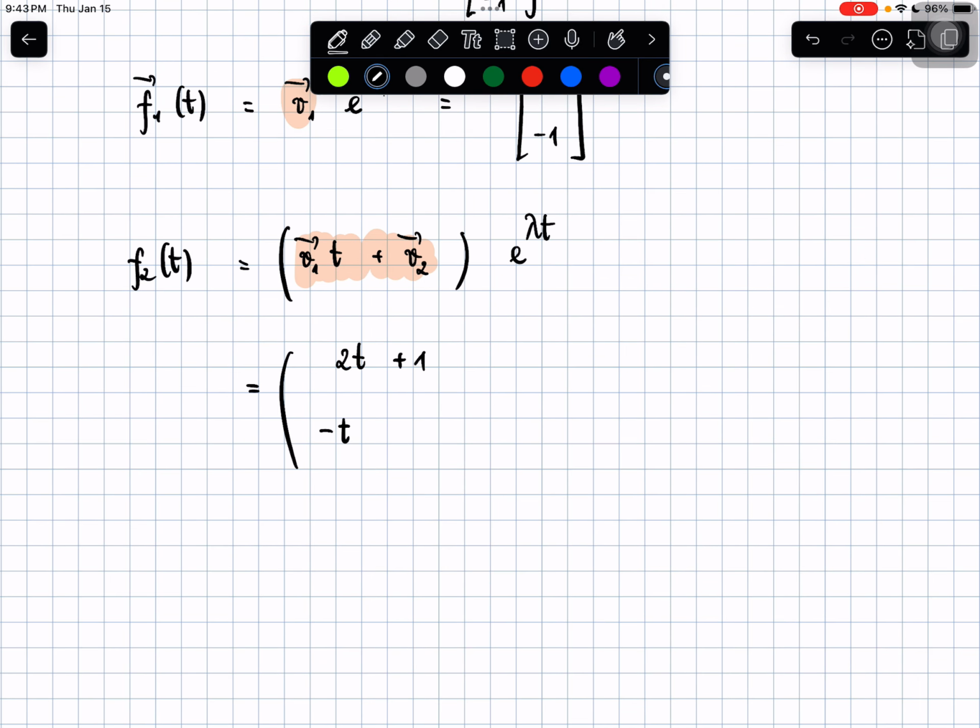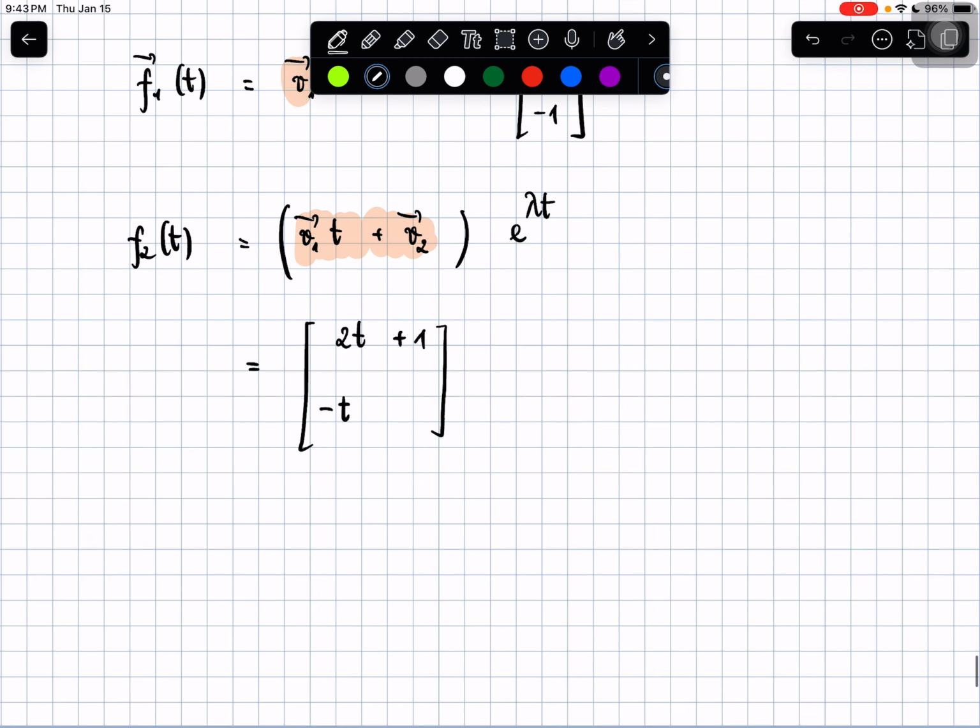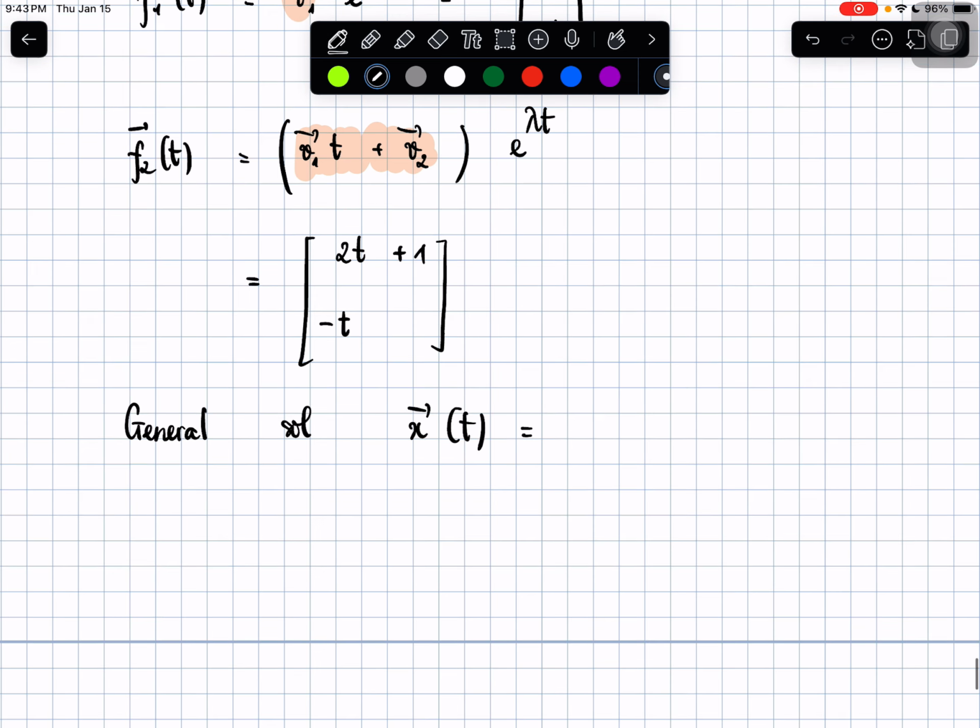Lambda is 0, so e to the lambda t multiplies 1. So we have f2. The general solution x of t is c1 f1 plus c2 f2.